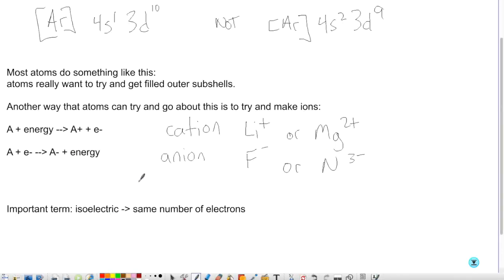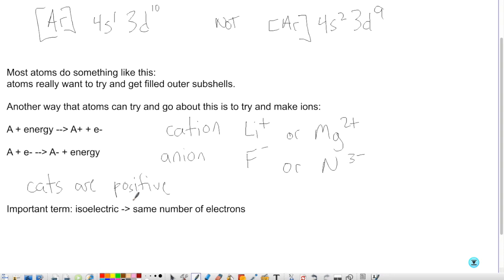Okay, there are a couple ways that you can remember this. There's the one that I can't really get behind. It's that cats are positive. I just can't agree with that. But, you know, cation, positive, cats are positive.